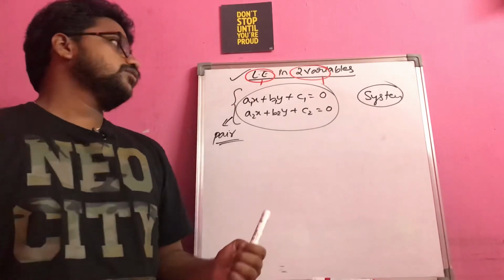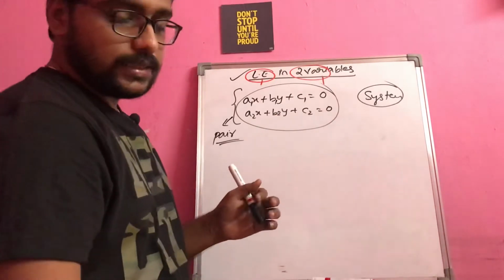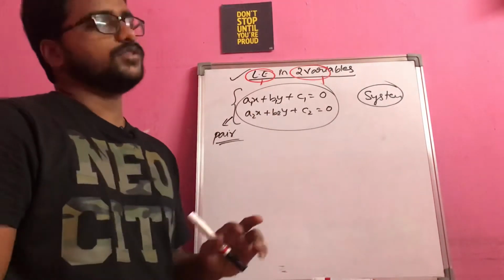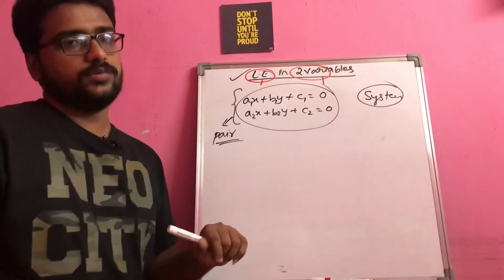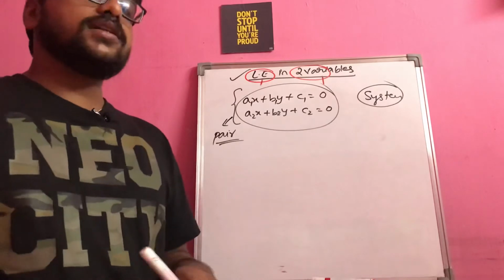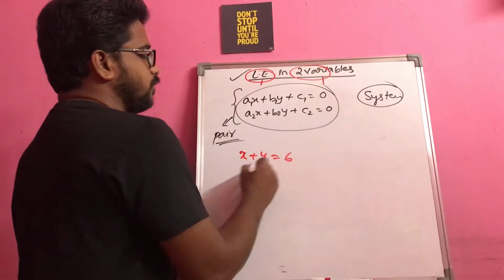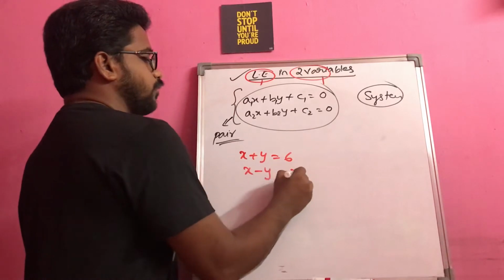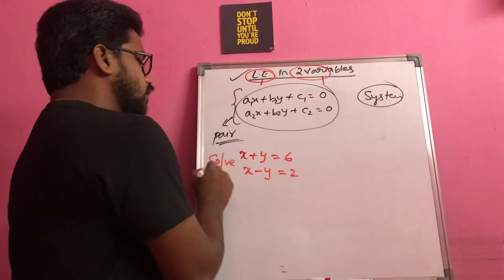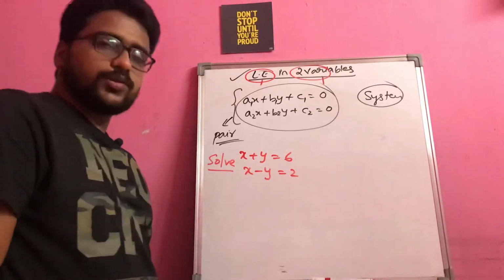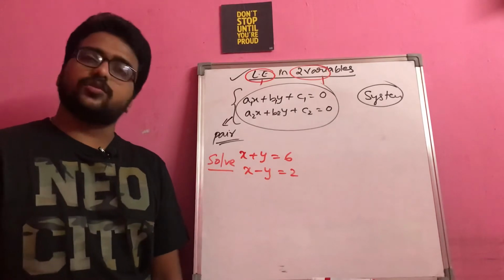If we observe, when I take these two equations together, I have to bring in a common solution for these two. Now the question is, for example, if I have x plus y is equal to 6 and x minus y is equal to 2, and I ask you to solve these two equations, the immediate question is, why can we not have an infinite number of solutions?